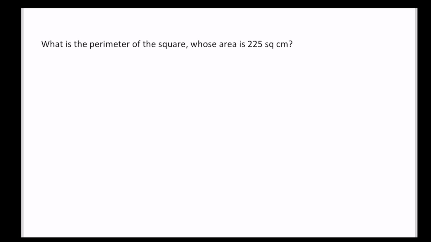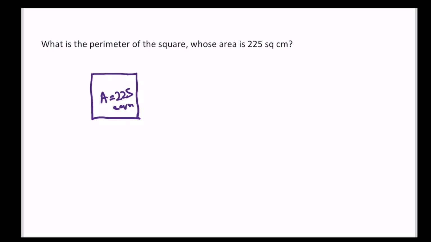We have to find the perimeter of a square whose area is 225. Let's draw a square. Area is equal to 225 square centimeters.